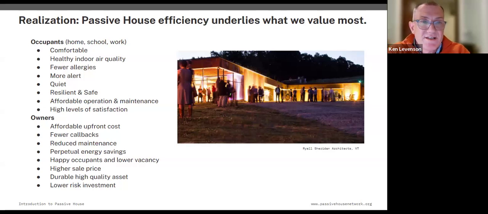you can have natural ventilation. It could be a lot of pollution outside. There could be wildfire smoke, but Passive House is really going to protect the quality of that indoor air better than any other standard. And as such, you're going to have fewer allergies.